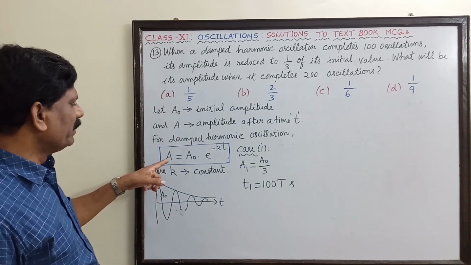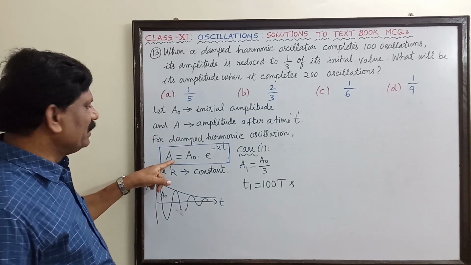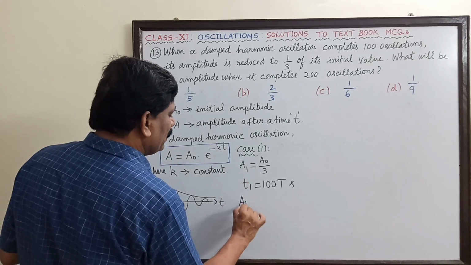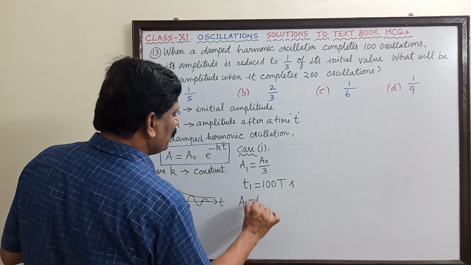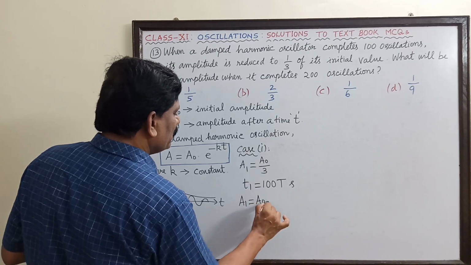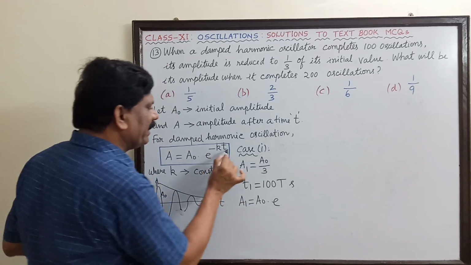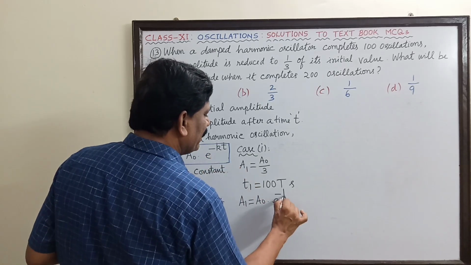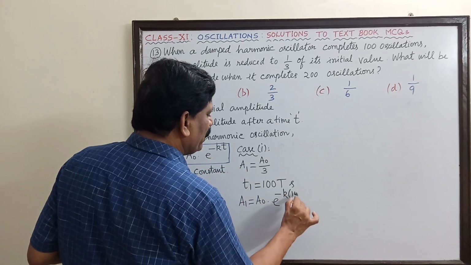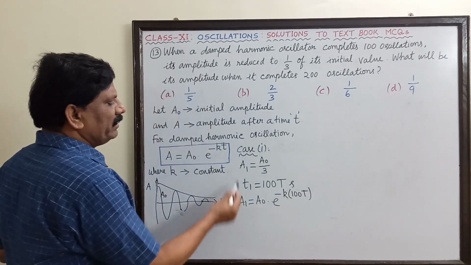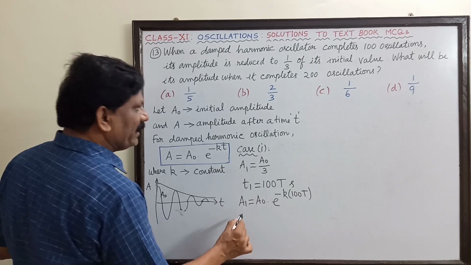Now I am going to substitute in this equation. A1 is equal to A0 into e to the power of minus k into t1, that is 100 t. Now A1 is also equal to A0 by 3.